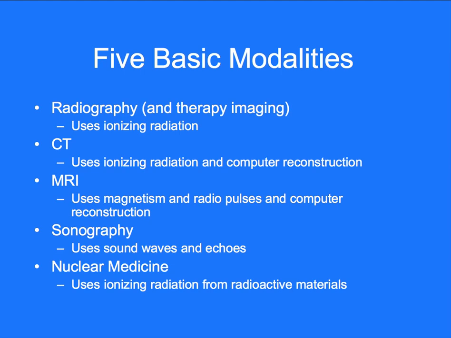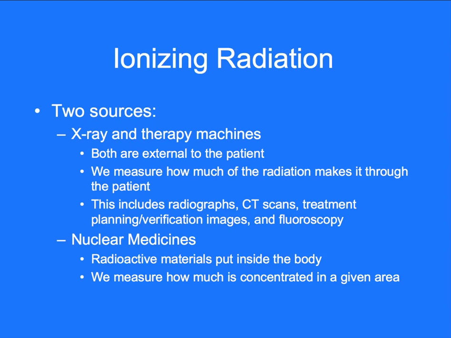We have MRI, or magnetic resonance imaging, which uses very strong magnets, radio pulses and computer reconstruction. We also have sonography, which uses sound waves and the echoes of the sound waves. And finally, we have nuclear medicine, which uses ionizing radiation, but instead of it coming from an external source, it comes from a radioactive material that's inside the patient.